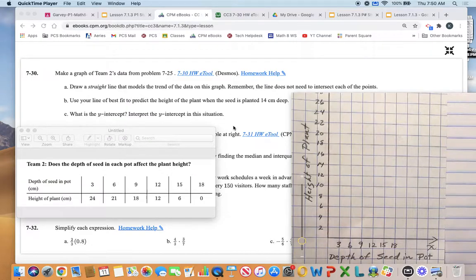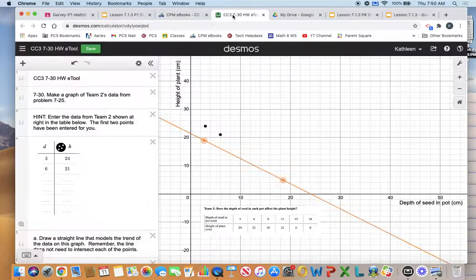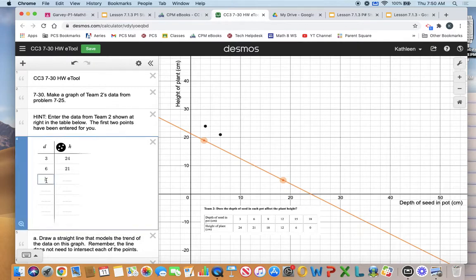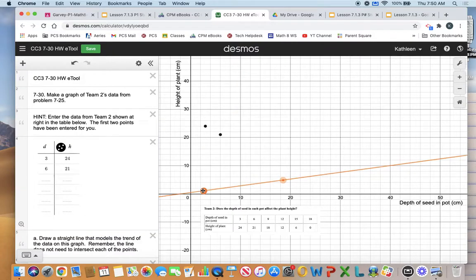Okay, so there are two ways you can do this, by hand, which I'll be showing you, or you can also go into the E tool, which is right here. And in the E tool, the data is down below here, and you can use this data and plug it in right here. And then there is a line of best fit that will be sitting there that you can use to create that line of best fit.